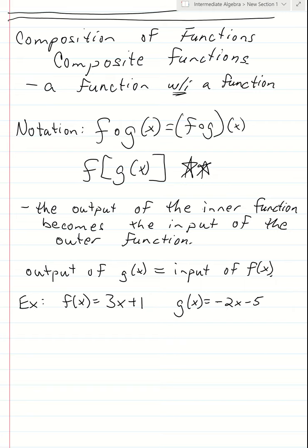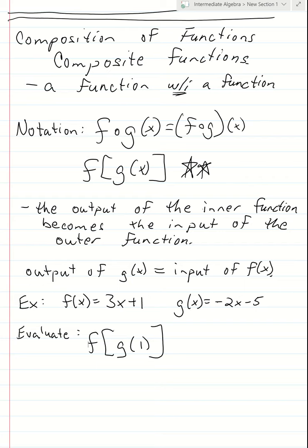So from a composite function type problem, I could ask you to, let's say, evaluate maybe f of g of, let's say, the number 1. Okay, so we want to evaluate the function f of the function g when your input is 1.